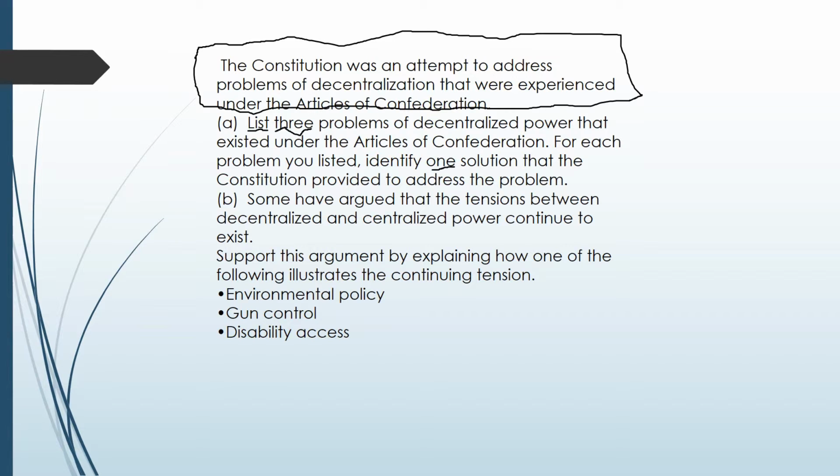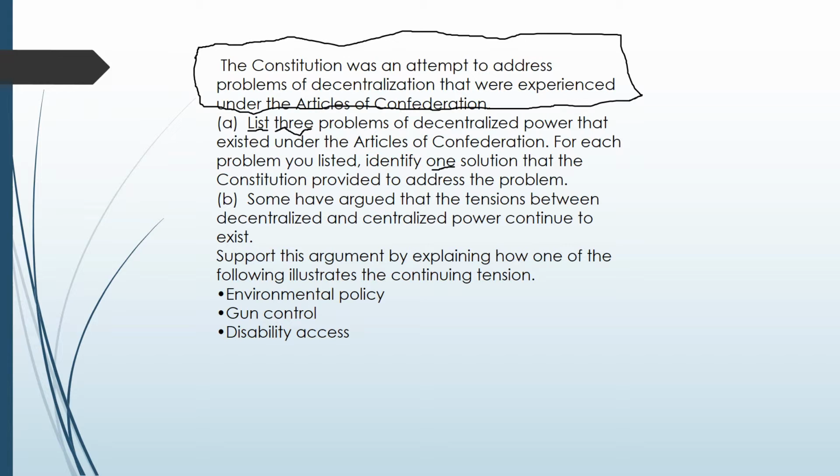Then under part B, this is a 2-part question. Some have argued that tensions between decentralized and centralized power continue to exist. That's whether the central government should have control or whether it should be more diffuse, with power spread out among the states. So you're going to make an argument of whether it should be centralized or decentralized or whether tensions exist.